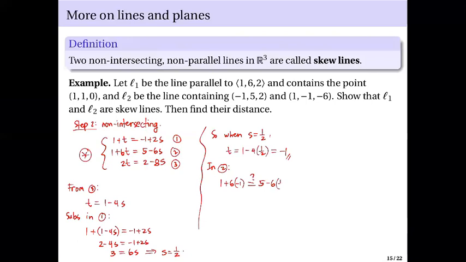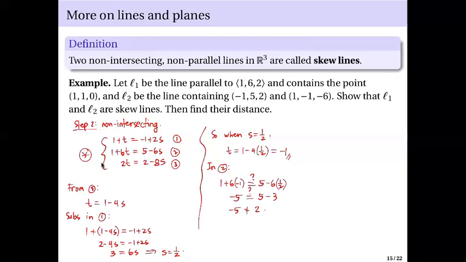S is 1/2. On the left-hand side, we have 1 minus 6. So that's minus 5. On the other side, you have 5 minus 6 times 1/2. That's 3. So negative 5 is not equal to positive 2.